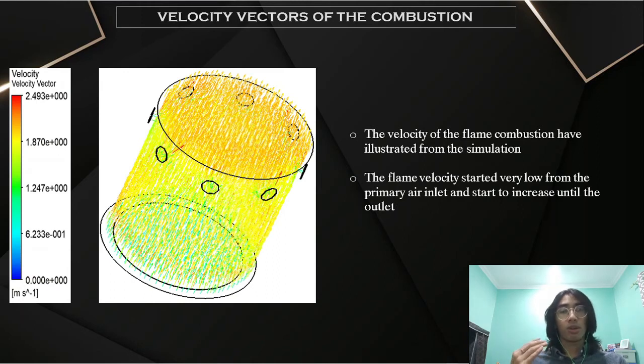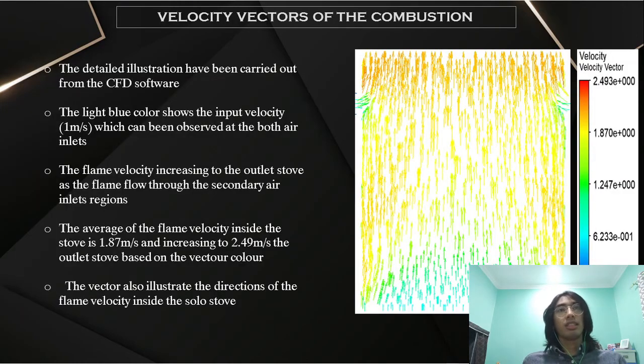To have more details and more understanding of the flame velocity behavior, let's go to the next slide. In this slide, I have cut an axis plane, which is at the middle of the stove. The light blue color shows the input velocity, which is 1 meter per second, which can be observed at both air inlets.